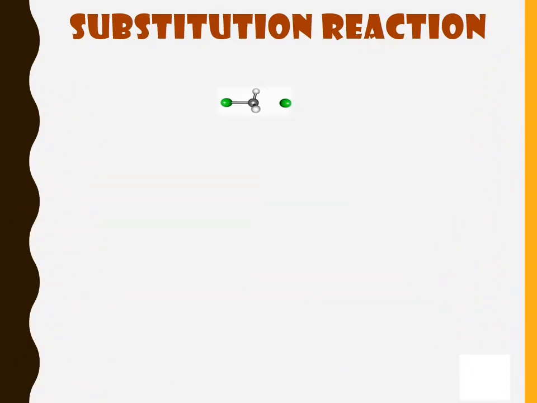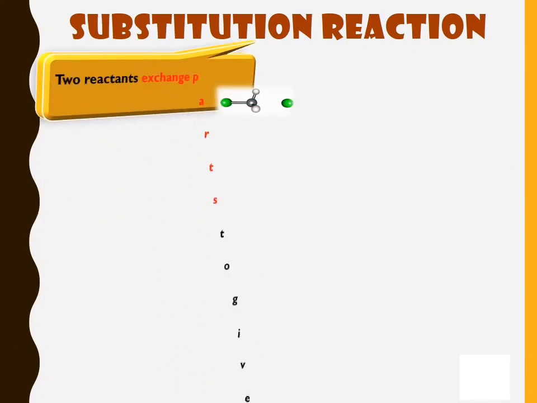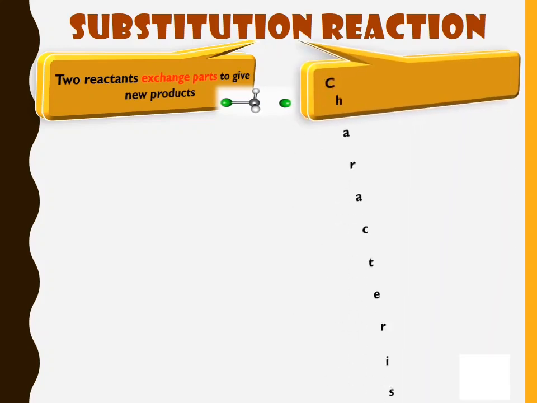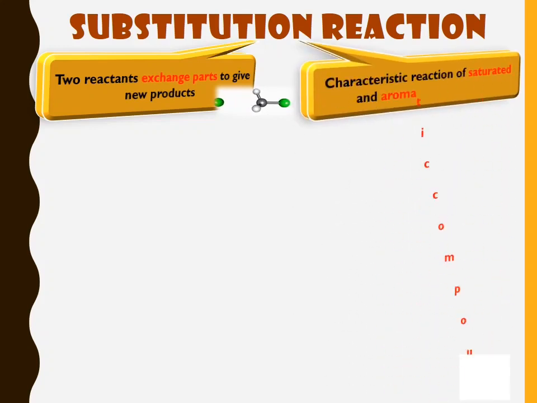Next, substitution reaction. In substitution reaction, two reactants exchange part to give new product. It is a characteristic reaction of saturated and aromatic compound. Normally, this reaction will occur in alkane, haloalkane and aromatic compound that consists of benzene ring.